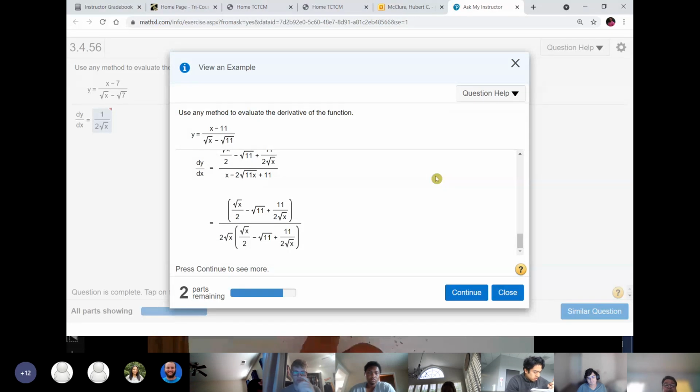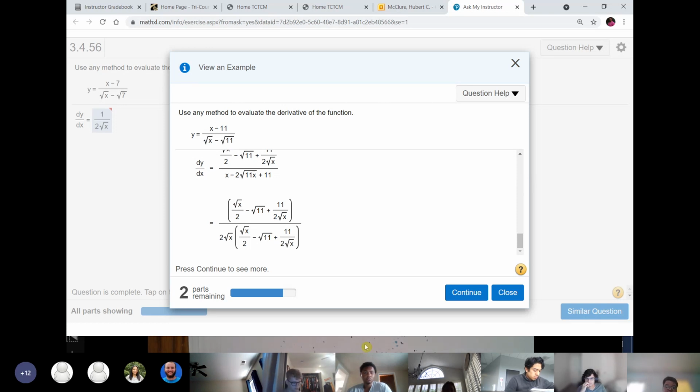Y'all just bear with me a second. Did they factor out a 2 square root of x? That's what they did. They factored out a 2 square root of x out of the bottom. That's exactly what they did.